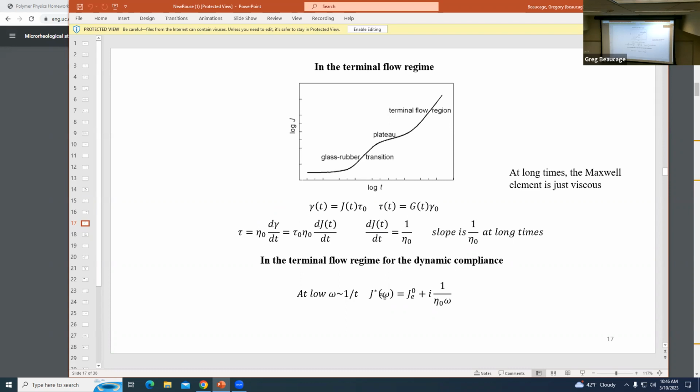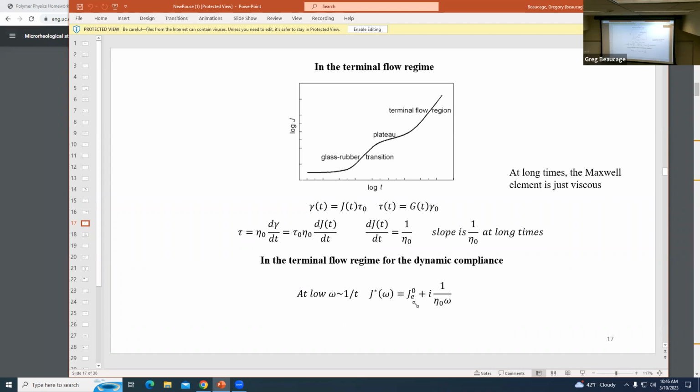And if you say the compliance is the complex compliance, it's going to be a steady state compliance, made up with the complex number i, and this frequency dependence, because frequency times viscosity times time gives you 1 over. That's just the definition of a viscous flow.